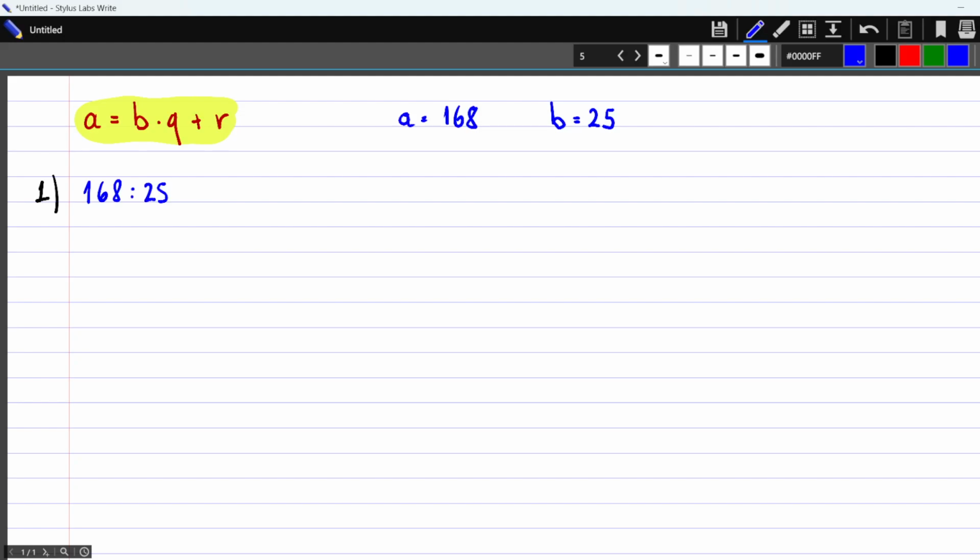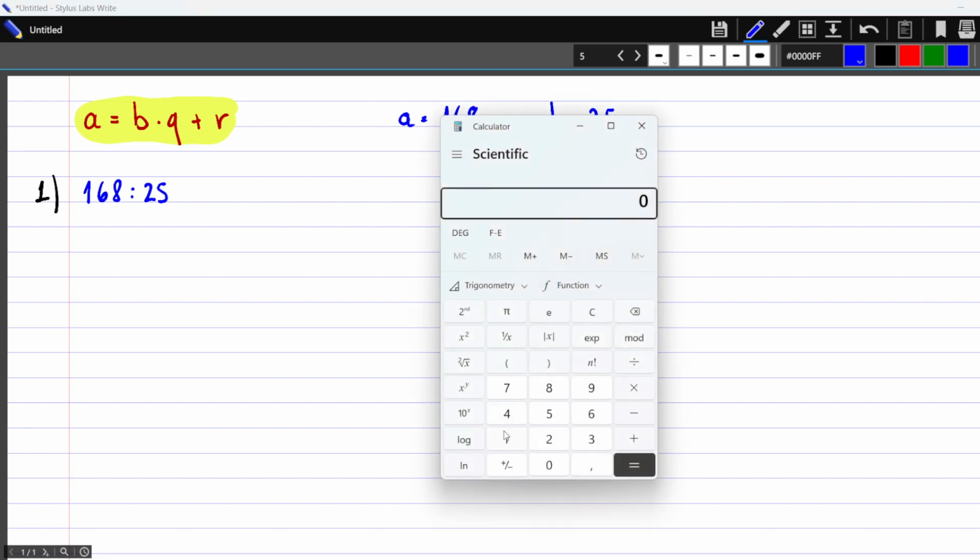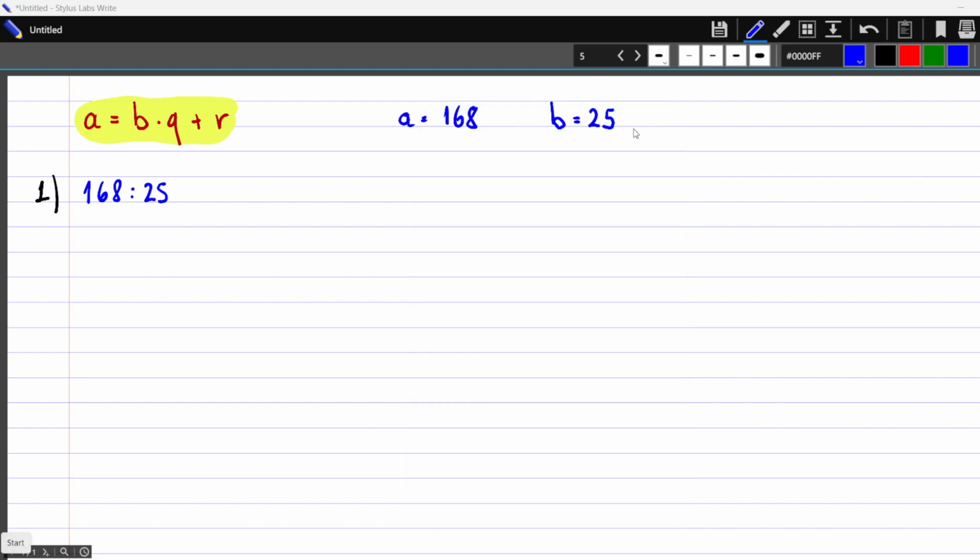So let's open the calculator and input 168 divided by 25. That's equal to 6.72. So here the only thing we need is this one.